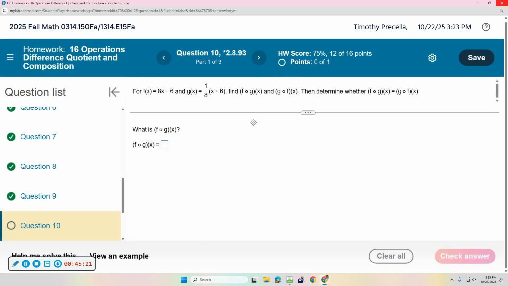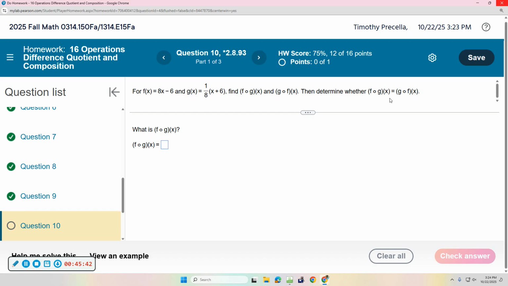Look at number 10. Number 10 doesn't look bad. So it's the same instructions as the previous problem, except we do have an extra question. Determine whether f composed with g of x is equal to g composed with f of x.